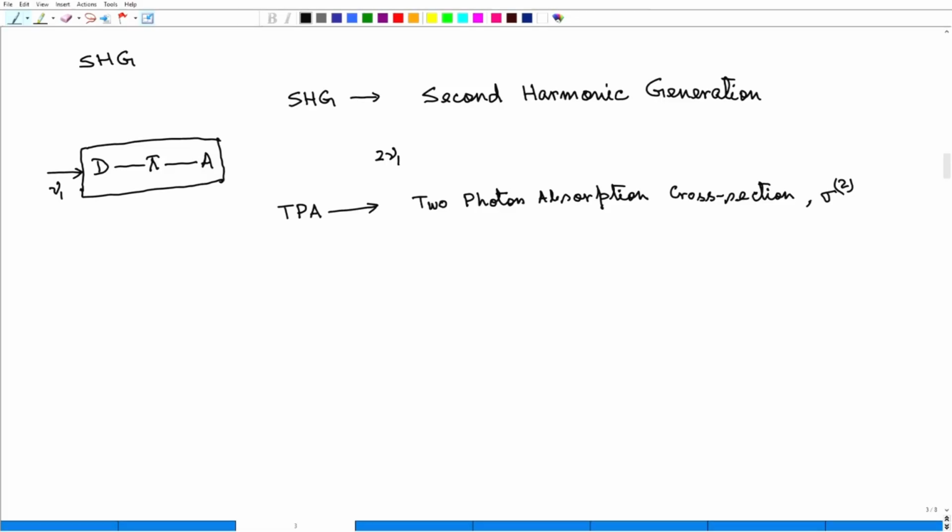Okay. And the expression that I will write right now, sigma 2, I will just write the expression without explanation. Why, you will understand.